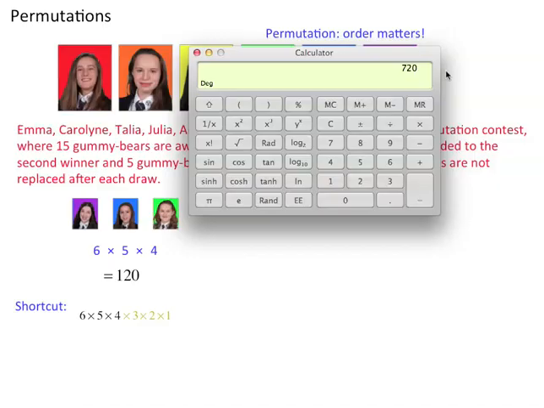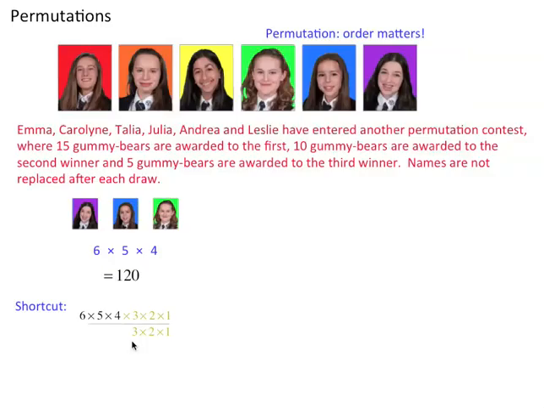But we just want to do 6 times 5 times 4. Okay, so what we can do to get rid of the 3 times 2 times 1 is divide by 3 factorial, right? Because we're only interested in the 6 times 5 times 4. We're not interested in the 3 times 2 times 1. So we're going to divide by 3 times 2 times 1. Okay? So our shortcut is we're going to write 6 factorial over 3 factorial.